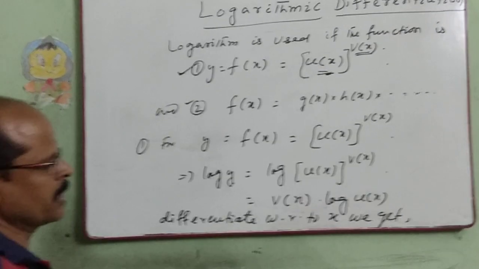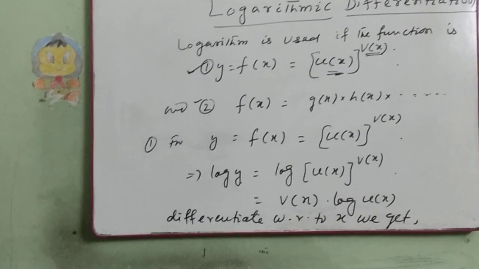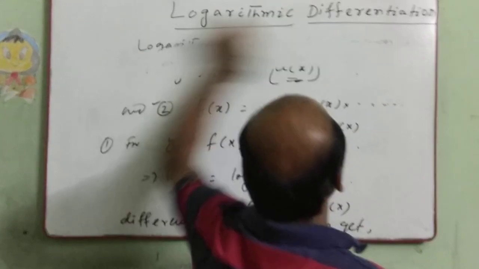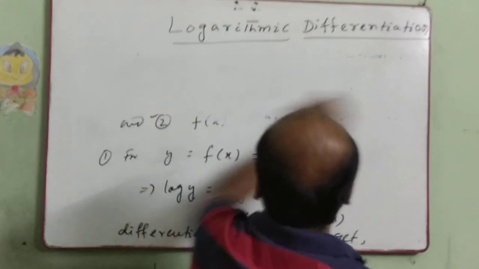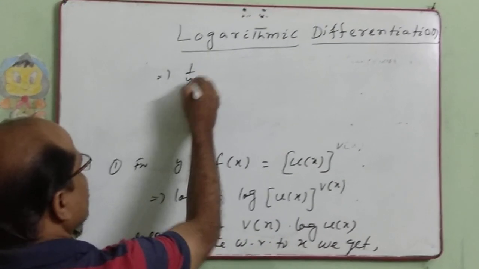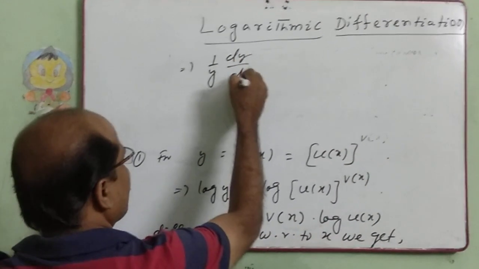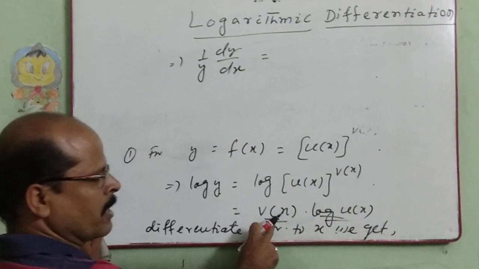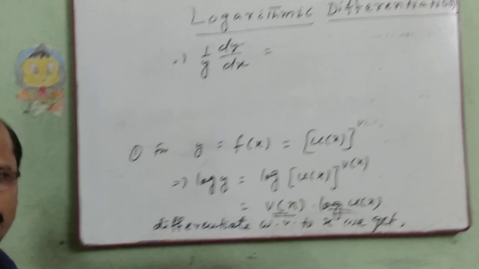Now differentiate with respect to x, we get log y derivative is 1 by y dy by dx. Now this is the product rule. v of x is one function, another function is log u of x.